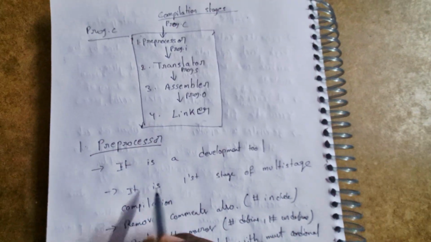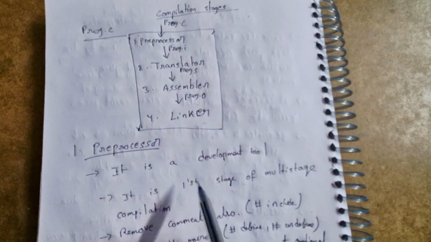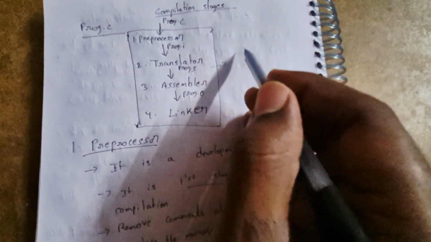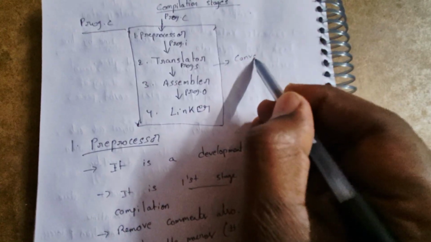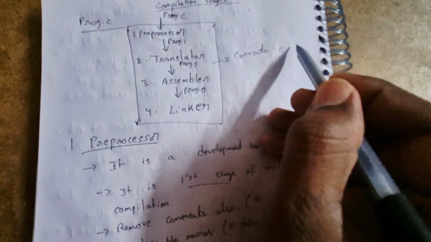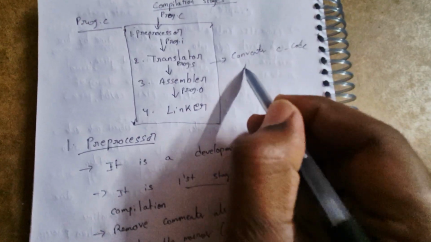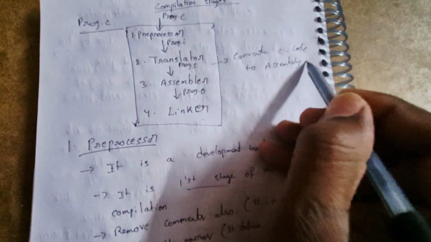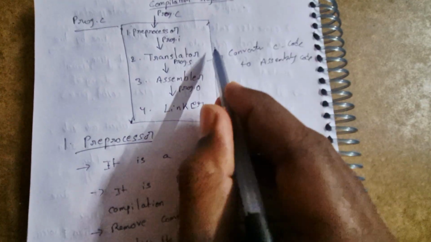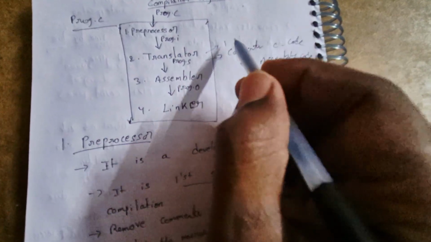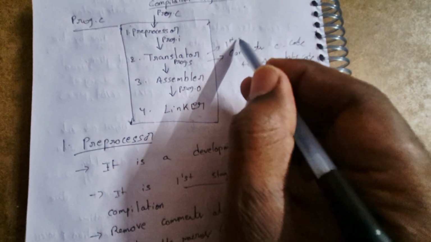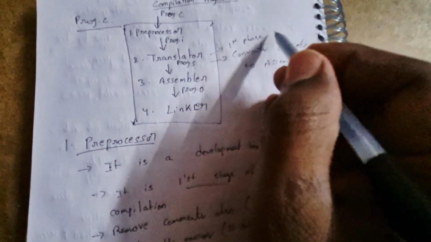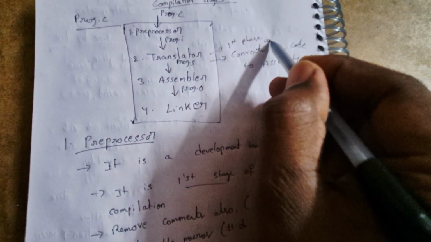And preprocessor is the first stage of compilation, right? And translator converts C code into assembly code. This is the first phase of compilation, or phase 1 compilation.